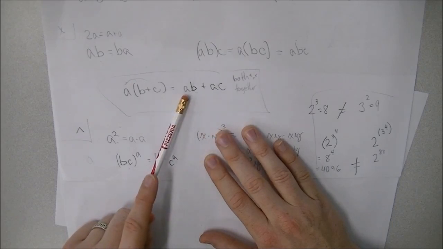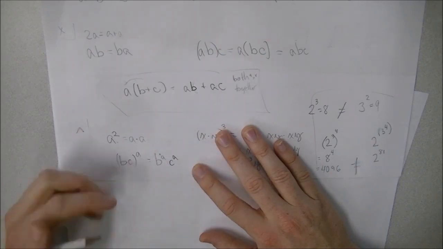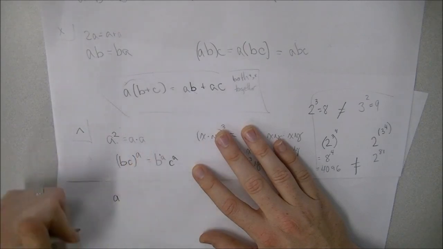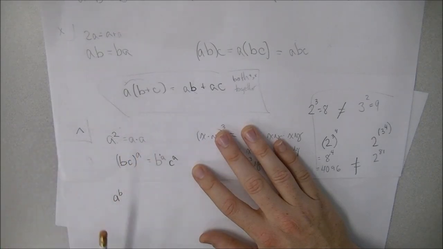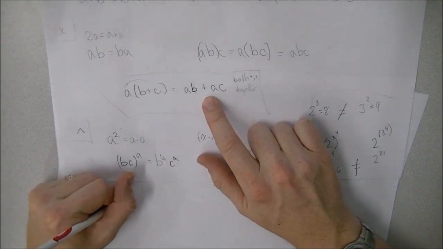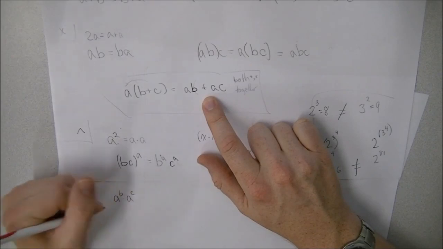Okay, so a times b, we're going to turn that into exponentiation, but rather than a being the exponent, let's make b be the exponent, right? Because since it's not commutative, a to the power of b is different than b to the power of a. So let's try this. A to the power of b, and then plus turns into a times, a to the power of c.